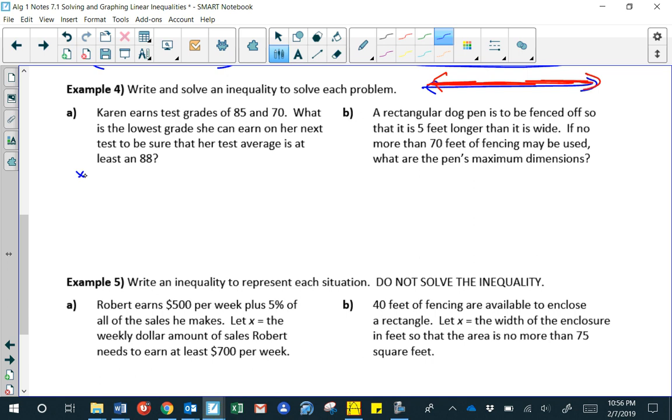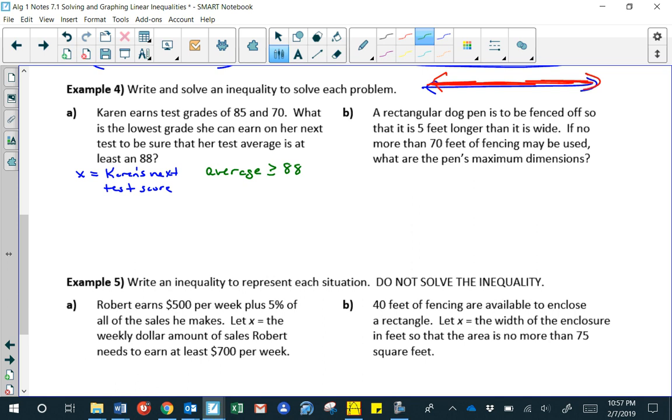So x is equal to Karen's next test score, and what we were told is that we would like for her average to be at least an 88. At least means it could be equal to 88, but it also could be greater than 88. So we'll use greater than or equal to.